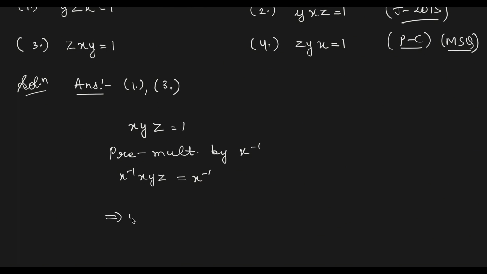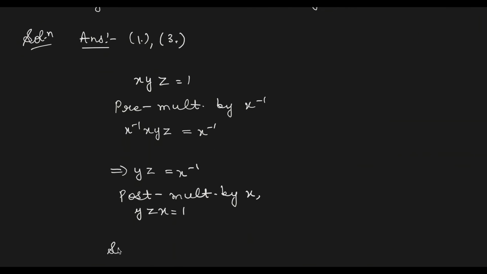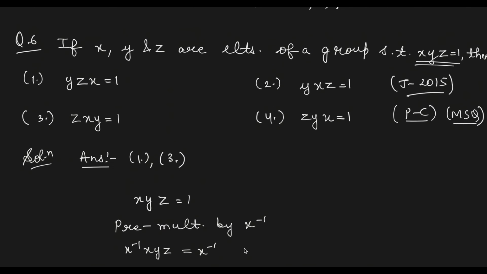It will be yz equal to x inverse. Then I can post multiply by x, yzx equal to 1, and similarly I can show that zxy is equal to 1. So the answer is options first and third.